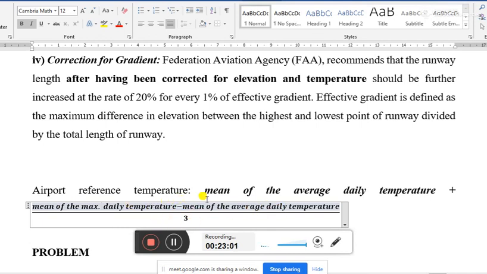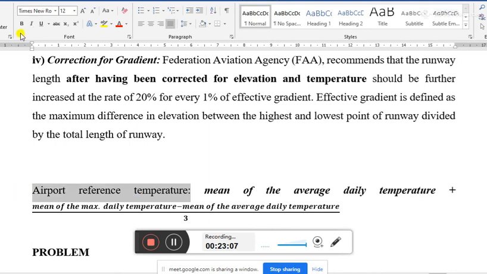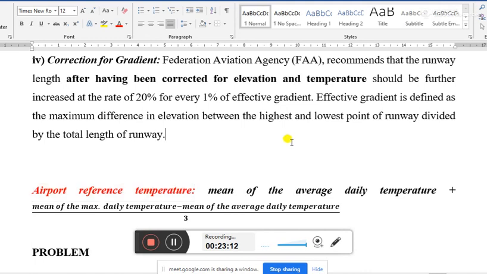This is one empirical equation given to determine the airport reference temperature. And for the calculation of this airport reference temperature, obviously you will be given some airport temperature data, or daily temperature data for the region where the airport is going to be constructed.